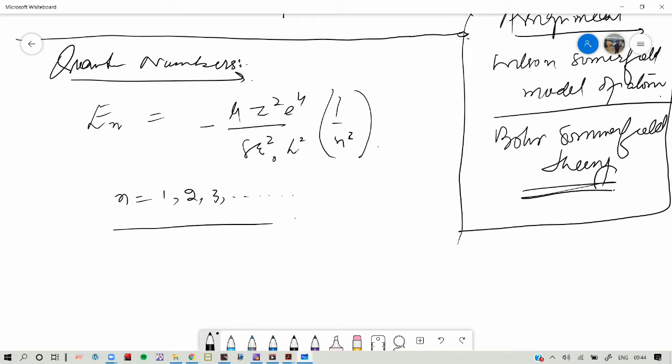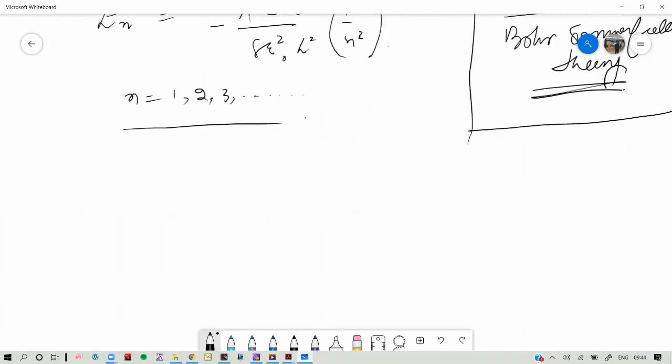That means we change the particular energy shell or energy level, which in Bohr's theory were called the orbits. So n equal to 1, 2, 3 are positive integers, and this n is one of the quantum numbers.